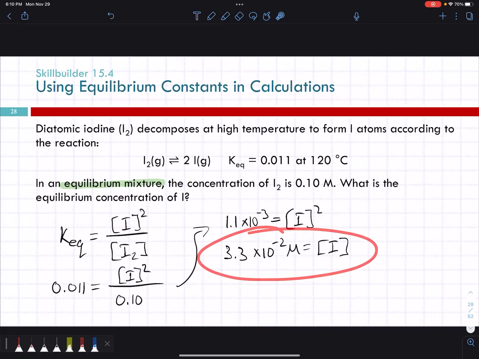This part? Do the square root. Oh, got it, okay.